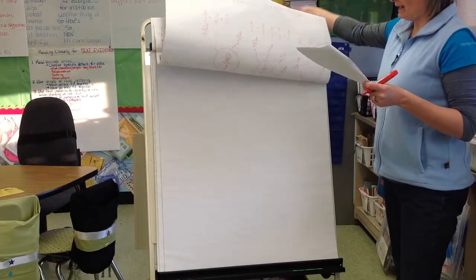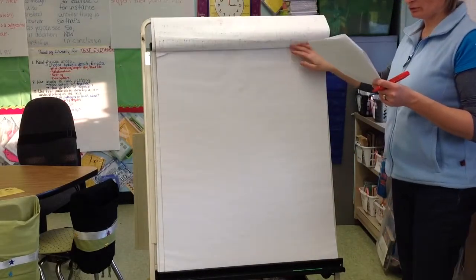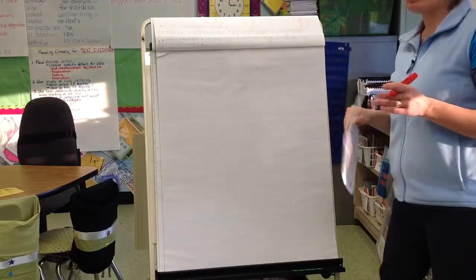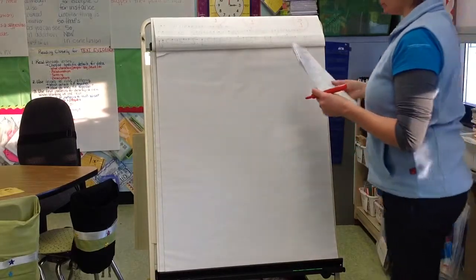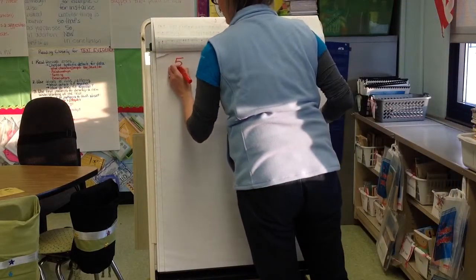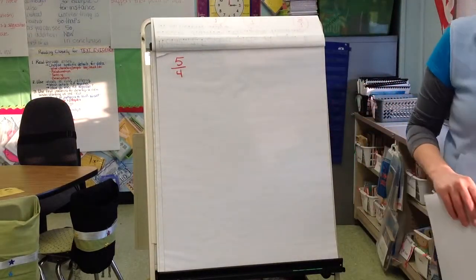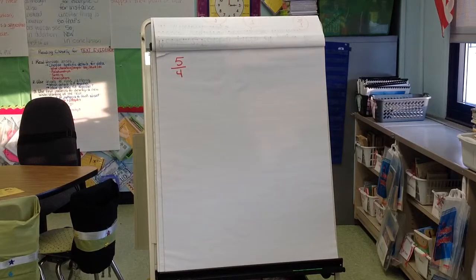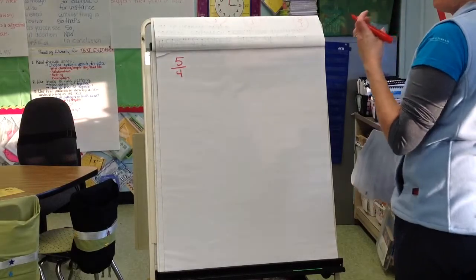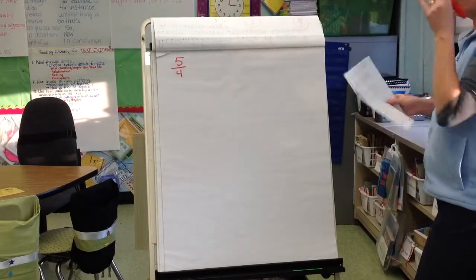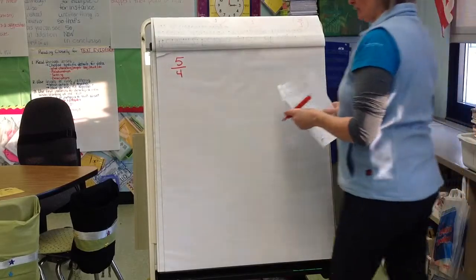Okay. Now, let's think about using tape diagrams to decompose 5/4. Okay, the unit fraction is fourths. So it takes 4 pieces or parts to make one whole.